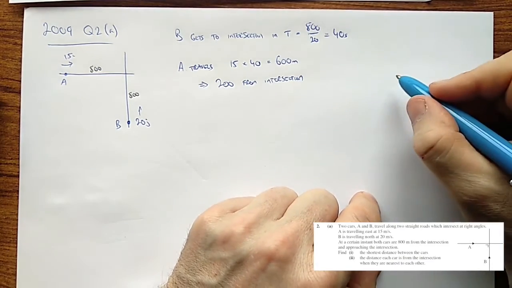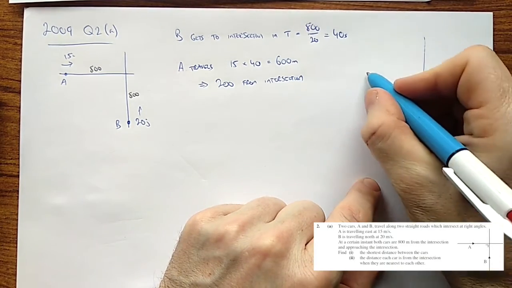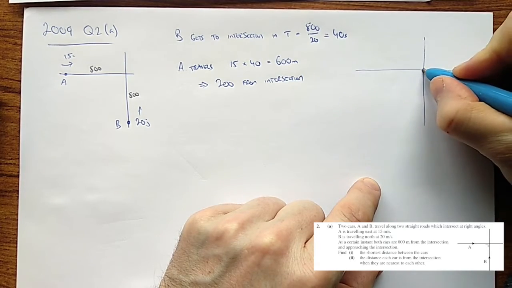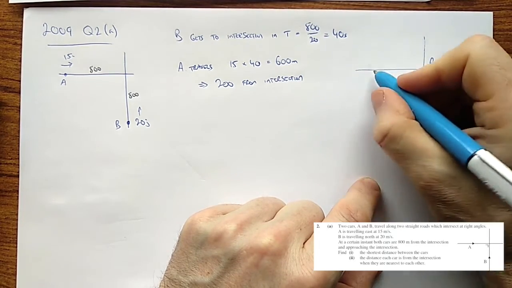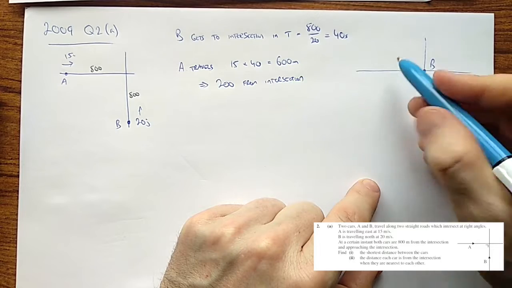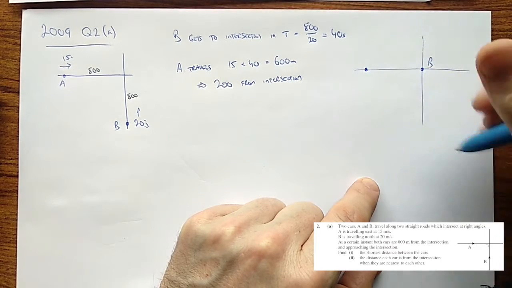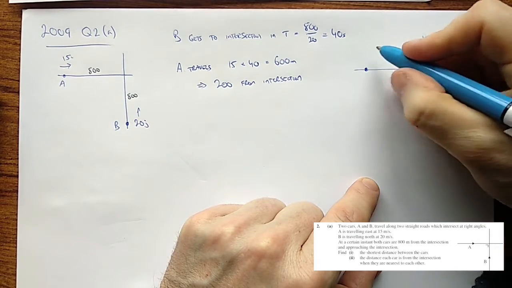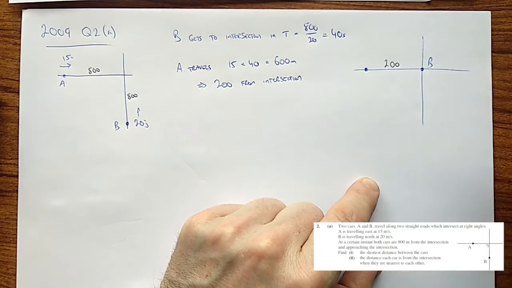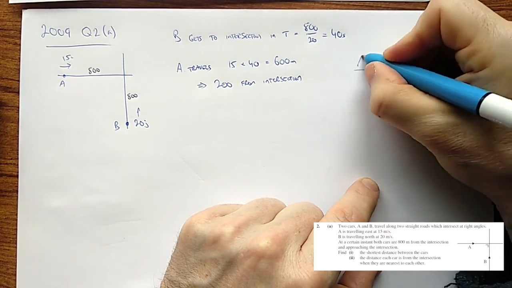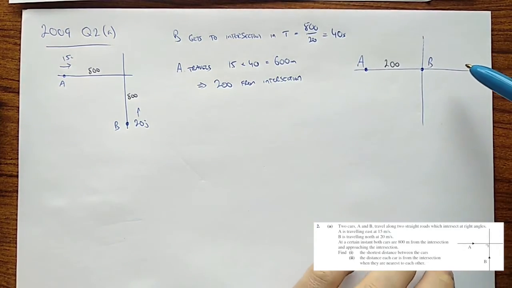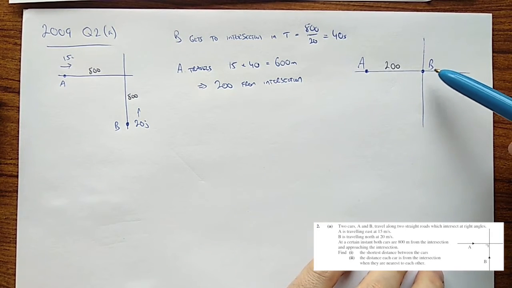So we'll draw another diagram of that. There are our roads. B is at the intersection. A has only gone 600 meters out of the 800, so it hasn't quite got there yet. So we'll zoom in a little bit, and we're going to put it 200 meters from the intersection.